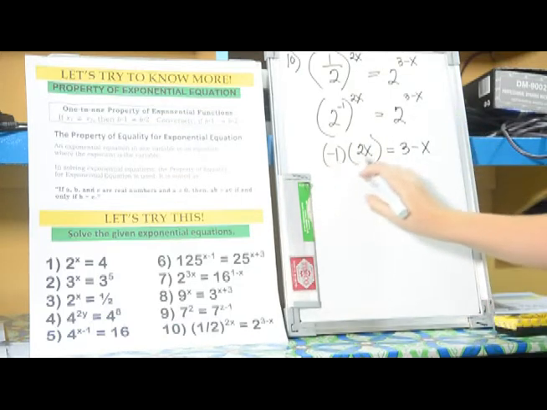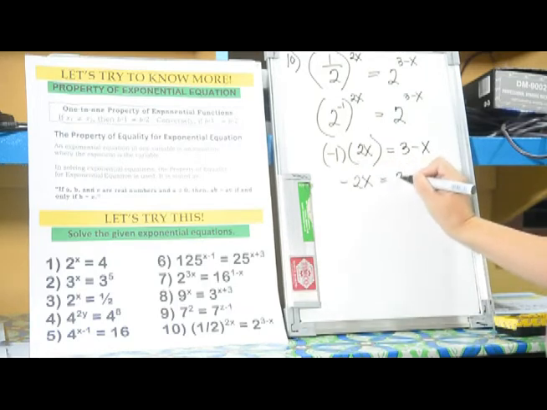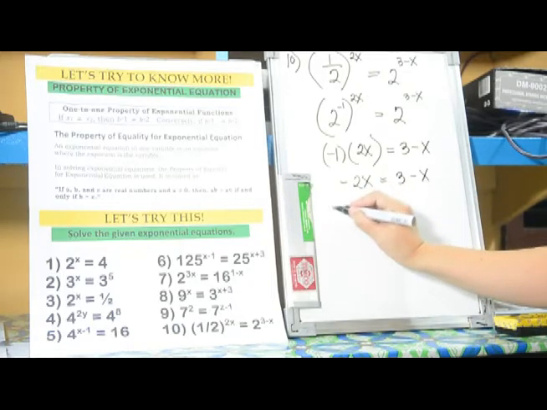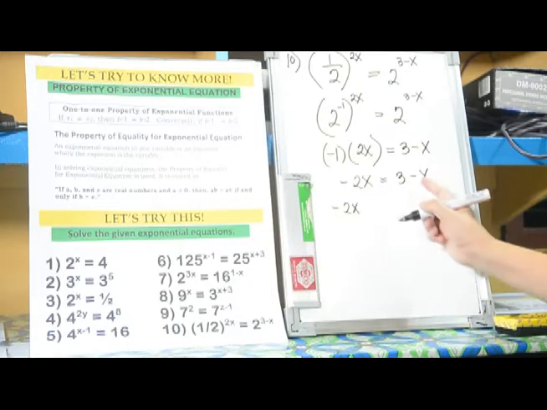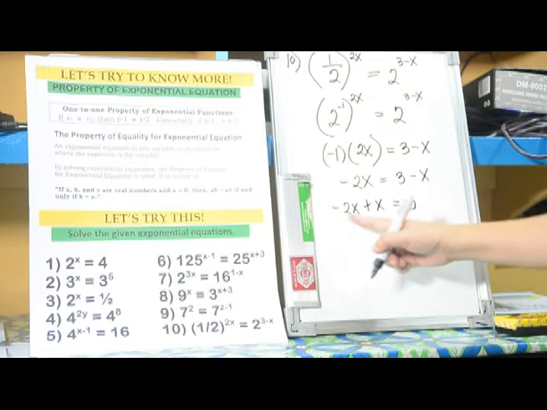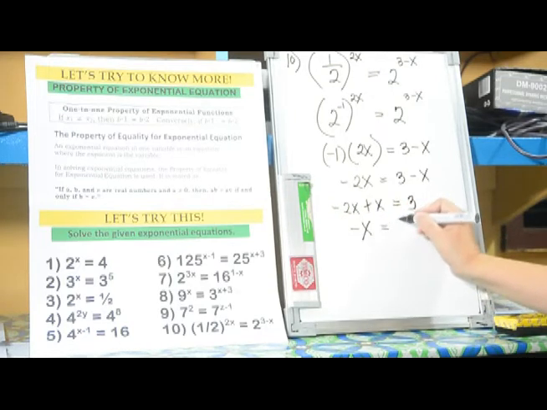And then multiply this one, we have negative 2x is equal to 3 minus x. Equating, transpose negative 2x, and this one will become plus x is equal to 3. So negative 2x plus x is just simply negative x is equal to 3.